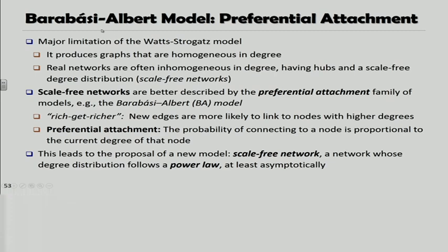The better one was actually proposed by Barabási and Albert, and his major philosophy is called preferential attachment. That means not only did he give the modeling equation, but he also explained why this could be the case.